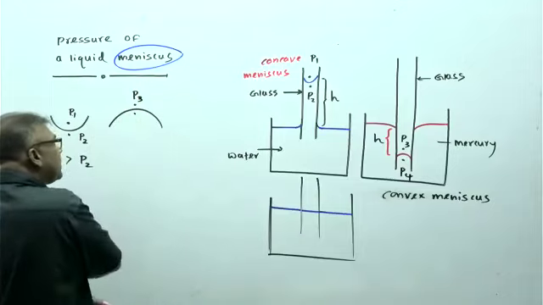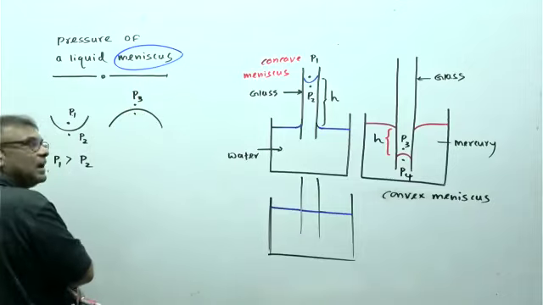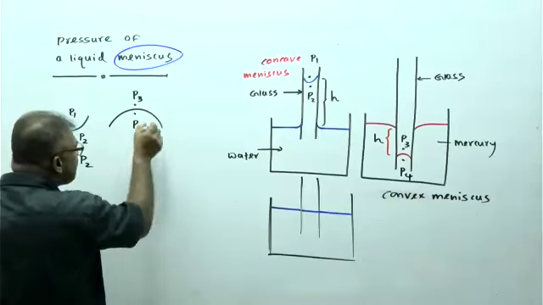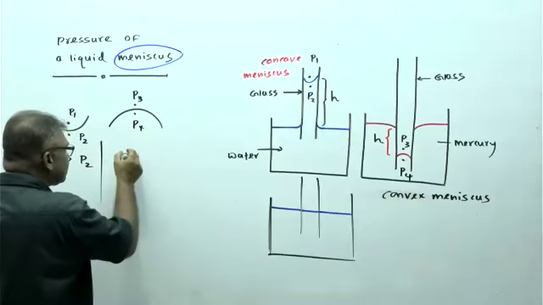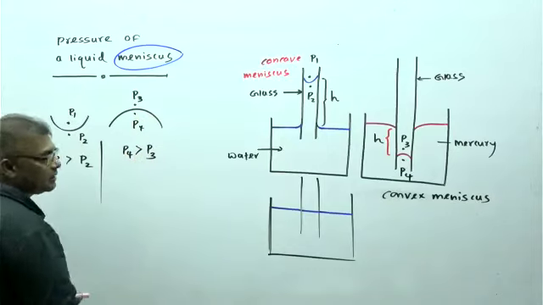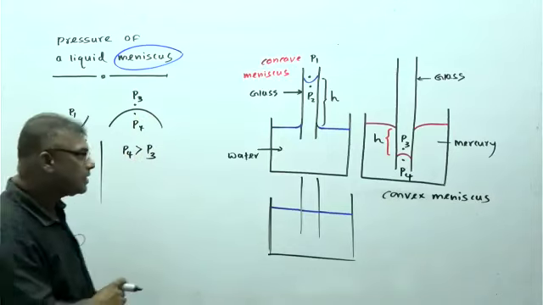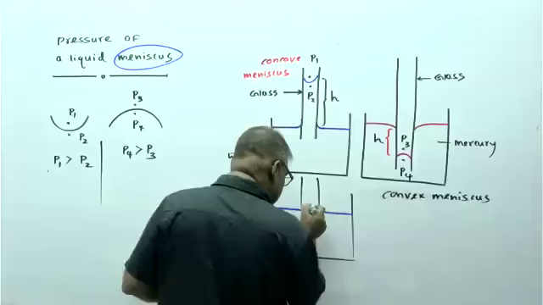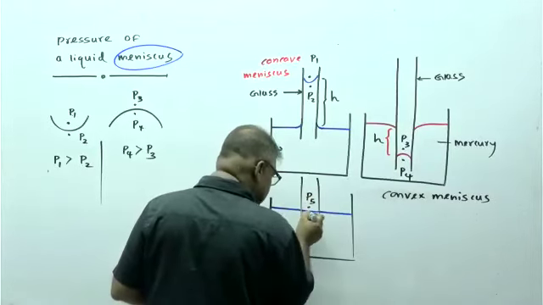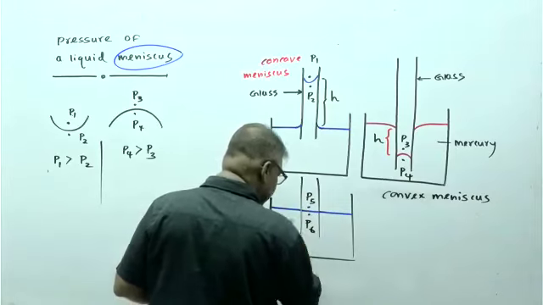Just below the meniscus, slightly below, not far below, P4. According to the shape you can say P4 is greater than P3. Clear? Yes. And here, when we consider point P5 and here P6.